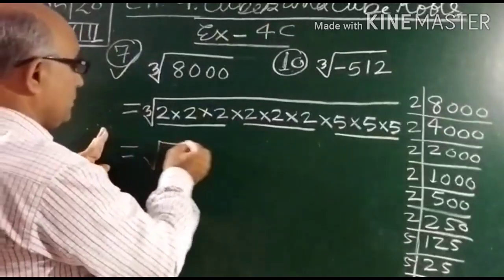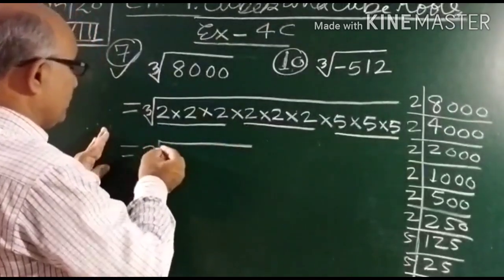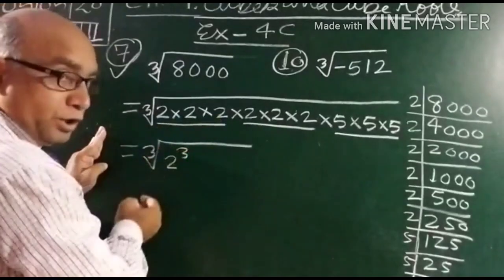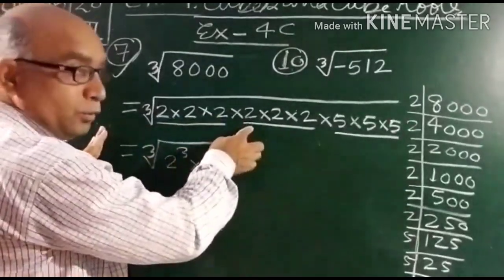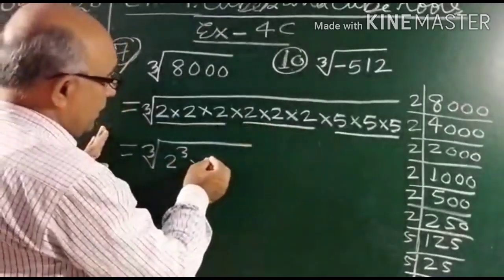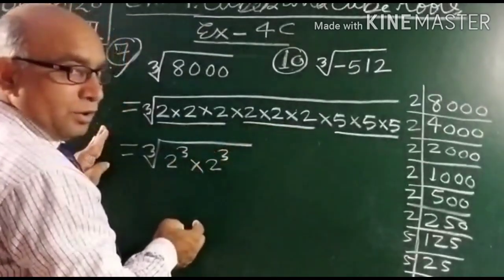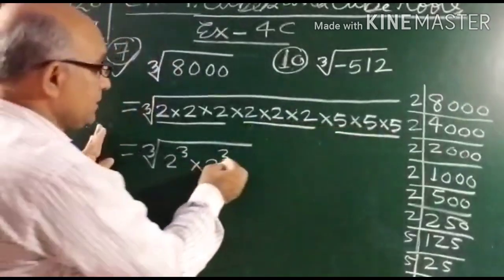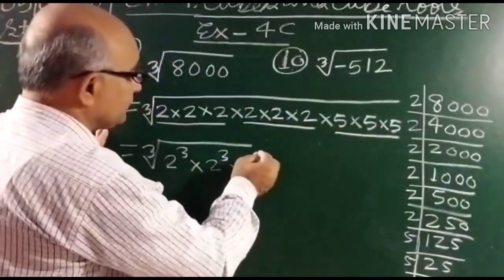Now cube root of 2 into 2 into 2. Write it, 2 cube. Again 2 into 2 into 2, also write it, 2 cube. Now 5 into 5 into 5, what is this? 5 cube.